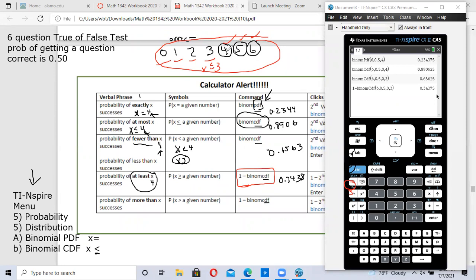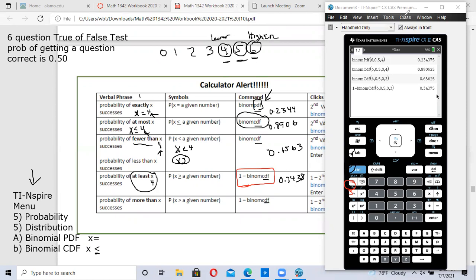Okay, so now there's an easier way rather than doing the 1 minus, and I'm going to show you that. We already know at least 4 means 4, 5, and 6. So we're only going to use 4, 5, and 6 correct. So let's do the same thing. 4 is the lower number correct. 6 is the higher number correct.